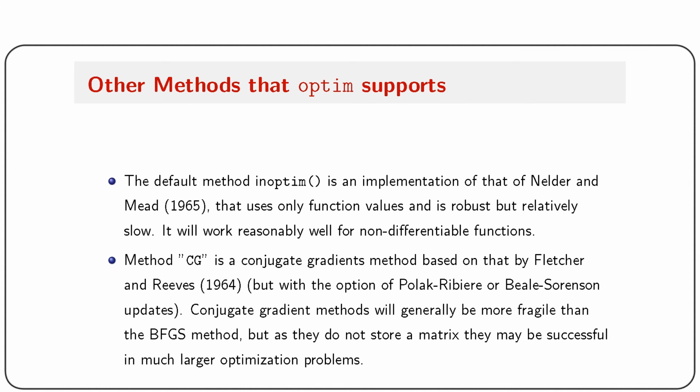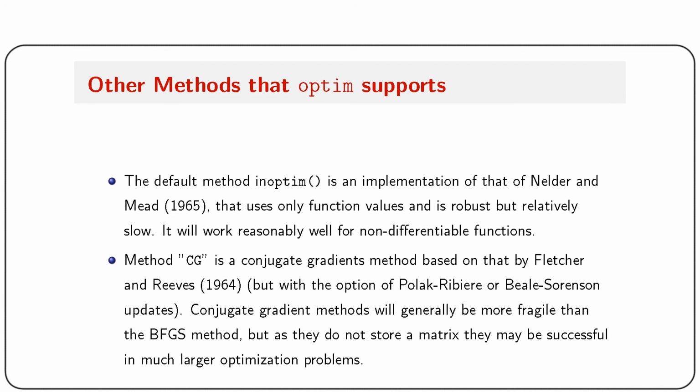Other methods that optim supports. The default method in optim is an implementation of Nelder and Mead 1965 that uses only function values and is robust but relatively slow. It will work reasonably well for non-differentiable functions.